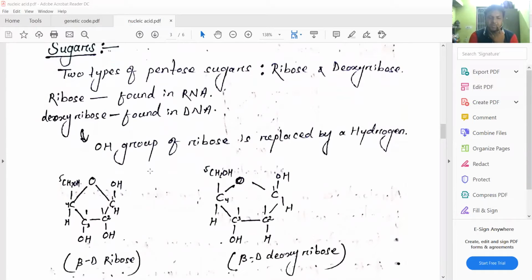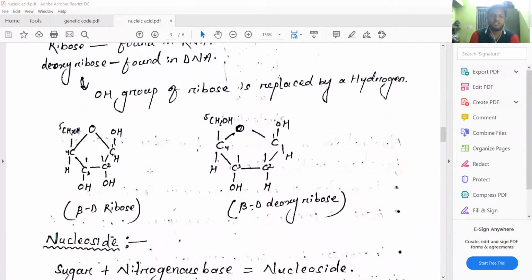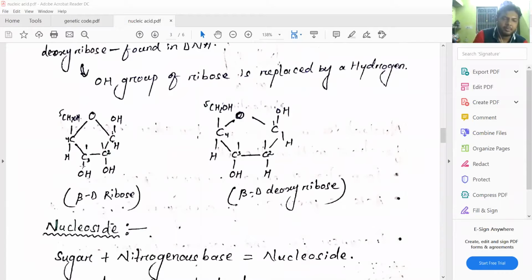So coming to this, this is the form of beta D ribose. D stands for dextro, dextrorotatory, and L stands for levo. If we pass plane polarized light through this molecule and it deflects to the right side, then it will be called D form, that is dextro form.